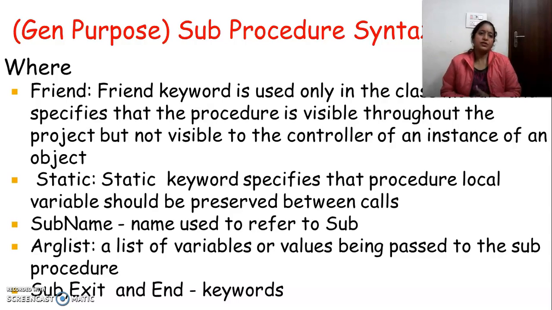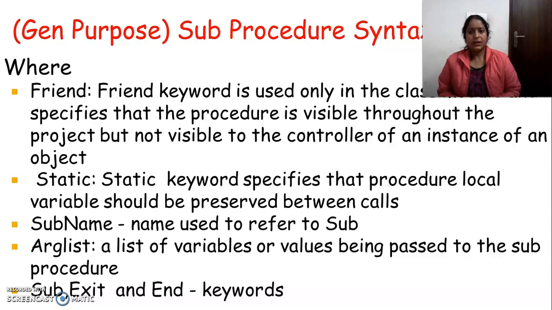In simple words, we can say the friend visibility mode is in between the public and private modes. If you set the visibility mode to friend, then it is visible only to those modules or forms in which it is declared friend.